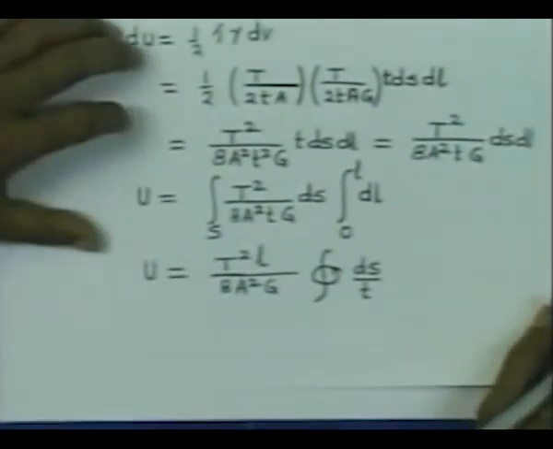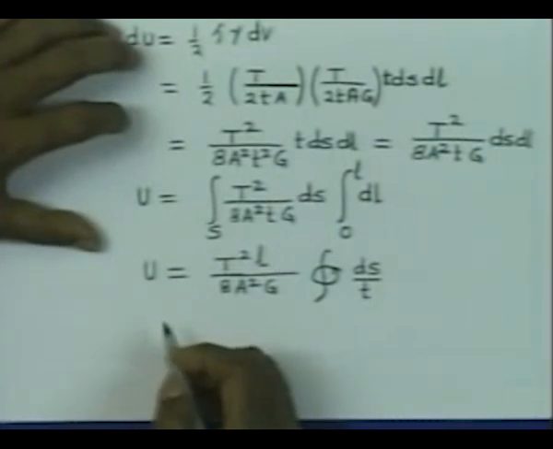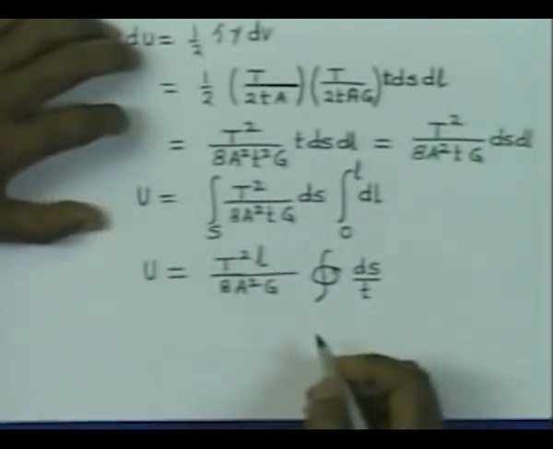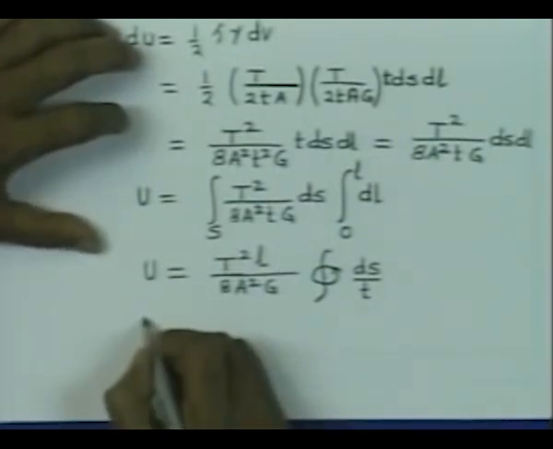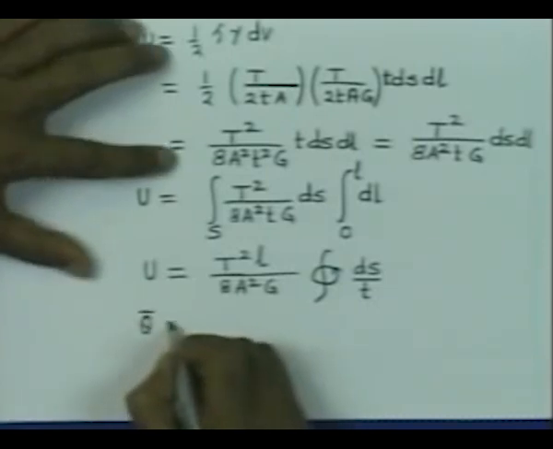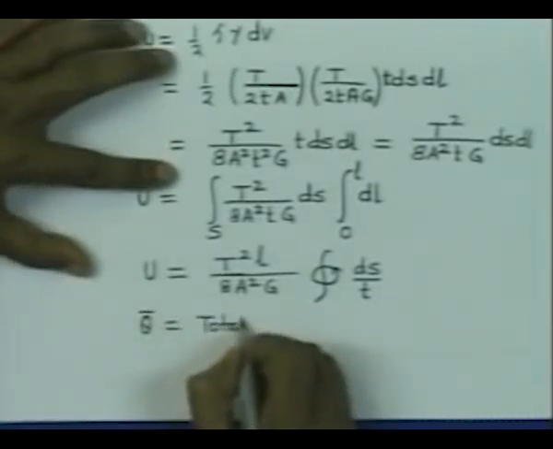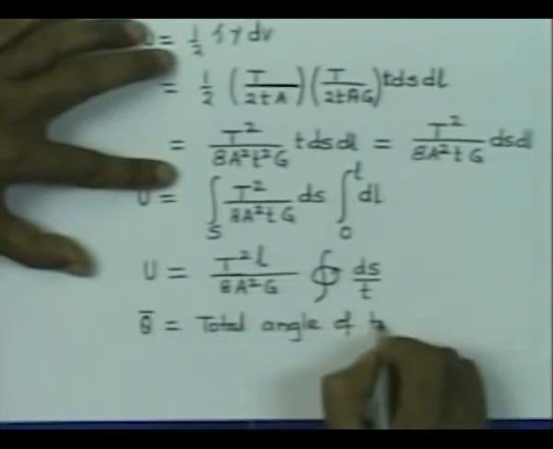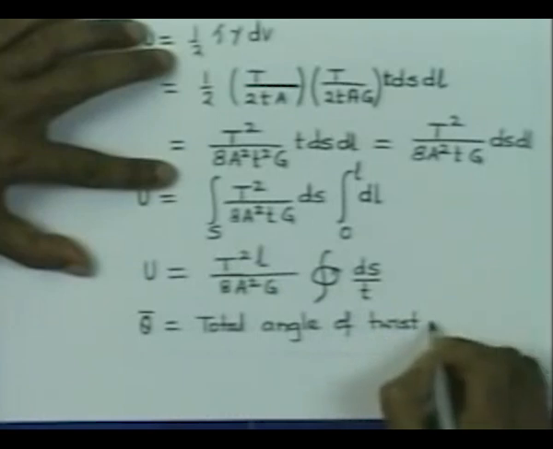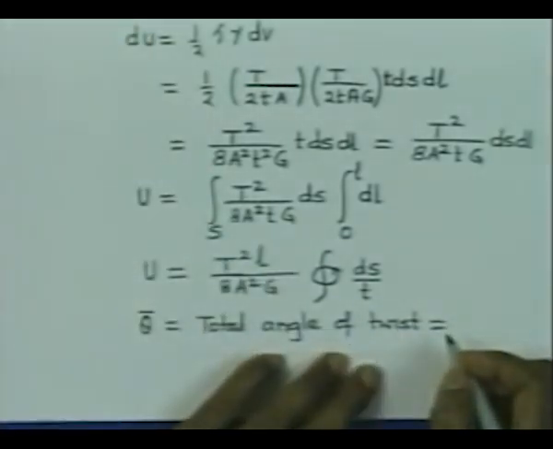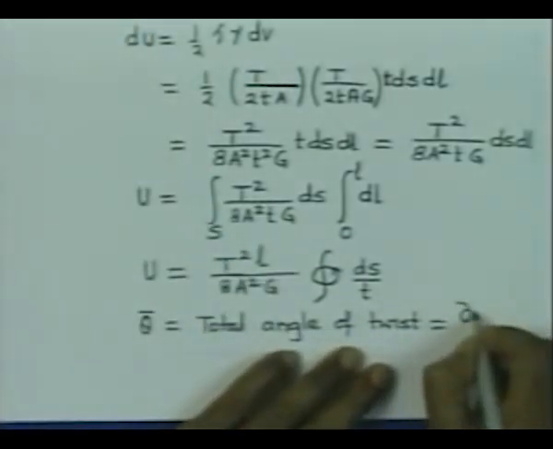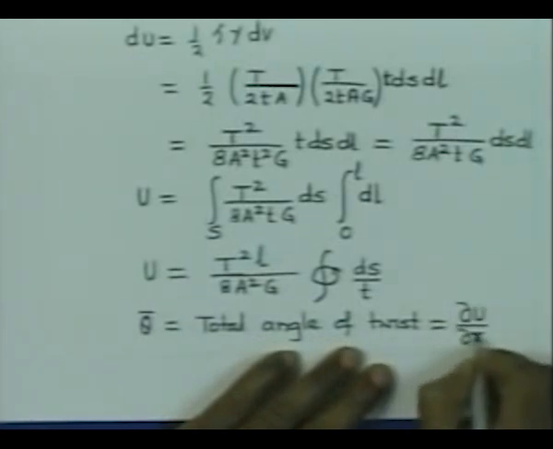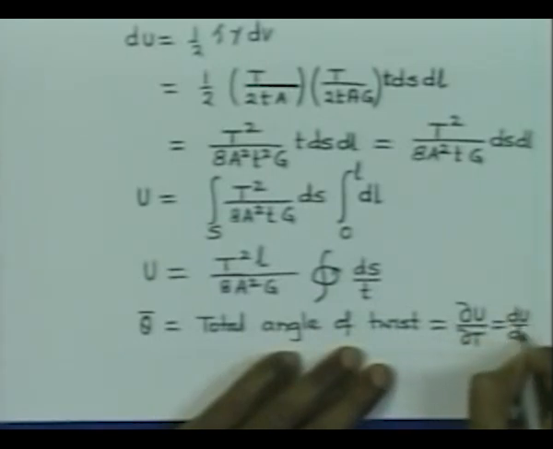If you consider that the angle of twist of the whole bar is theta bar, the total angle of twist, that we can obtain from application of Castigliano's theorem, which is nothing but the derivative of U with respect to the applied force, which is torque, and in this case it is dU dT.